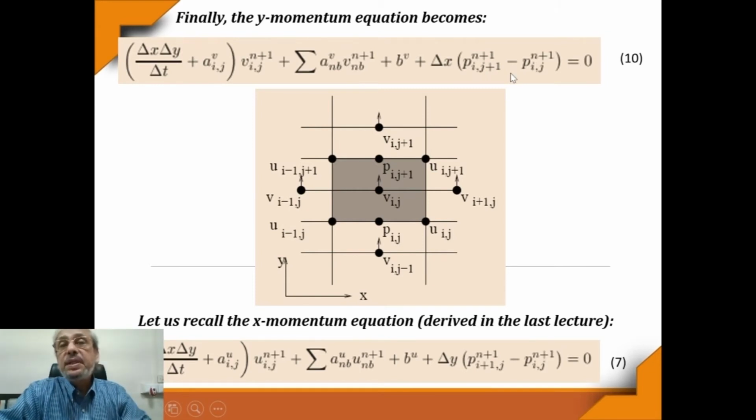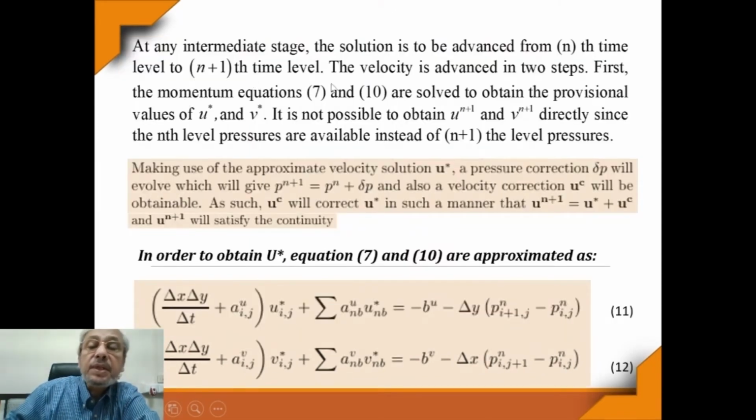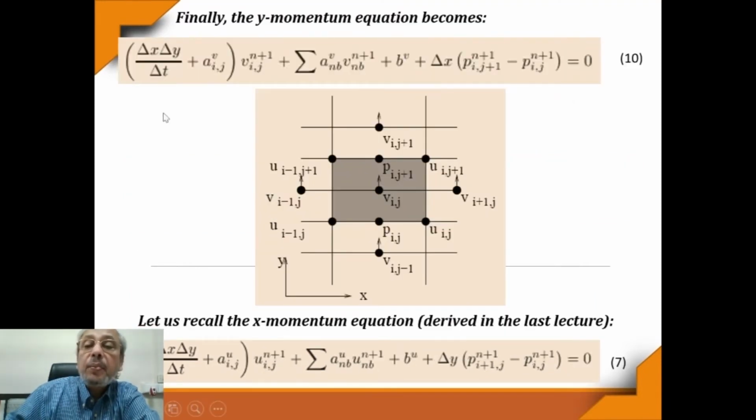Basic velocities, that means velocities at nth level, and pressures at nth level are all known. And we are implicitly calculating velocity at the level n plus 1, u velocity and v velocity. So that is what we have written here. Since the pressure at n plus 1th level is not available, when we evaluate this equation, we approximate.